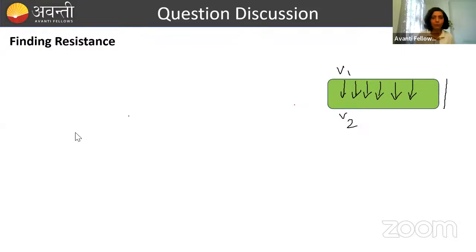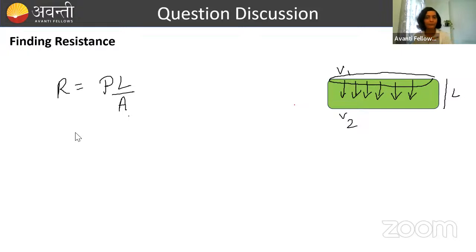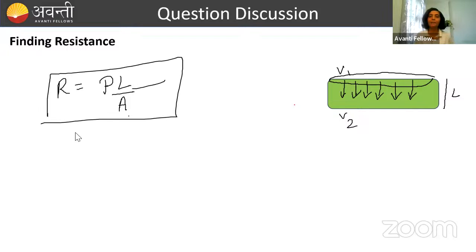So if you write the resistance formula for this case, you will write rho L by A, where A is the area of cross section at which current is entering or leaving. So here if you look carefully, current is entering this cross section, है ना? Through this cross section current is flowing. So we will have to take this area depending upon the geometry. Okay? So you need to remember what is L here and what is A.